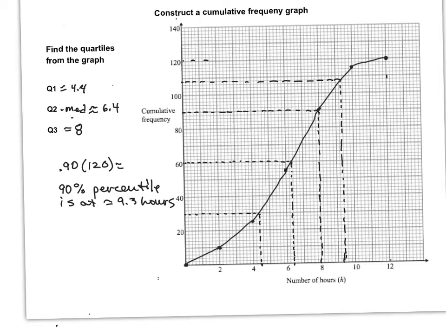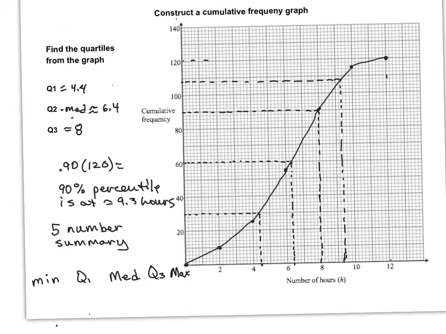So let's look at something called a 5-number summary. That consists of your minimum value. It also consists of Q1, your median, and Q3, and your maximum value.